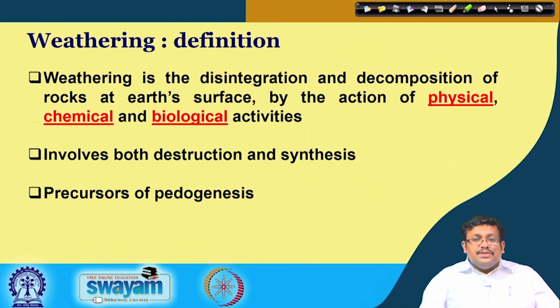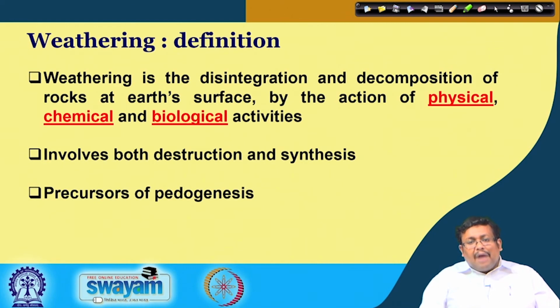So, as you see in the definition, weathering is physical as well as chemical and biological. Now, the other name of physical weathering is mechanical weathering or disintegration, and another name of chemical weathering is decomposition.